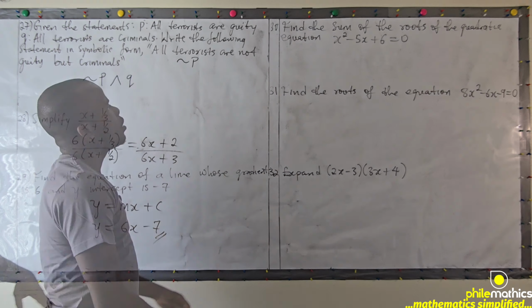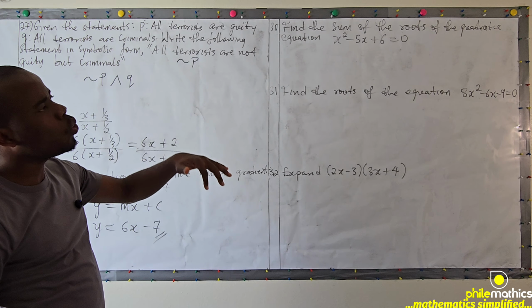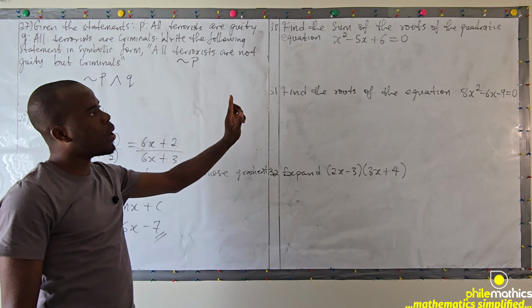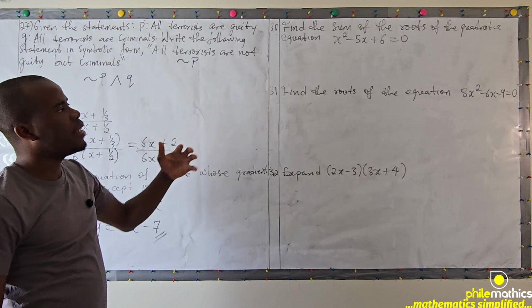Simple. Question 30 says, find the sum of the roots of the quadratic equation x squared minus 5x plus 6 equals 0. There are two ways we can go about this. We can decide to factorize it and find that the factors are x minus 2 and x minus 3, and when we find what x is, 2 and 3, and then if we sum it, it will be 5.